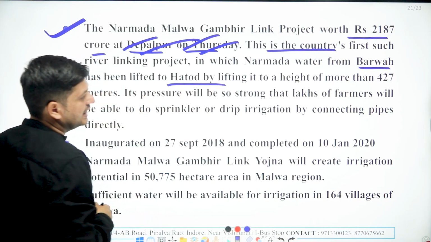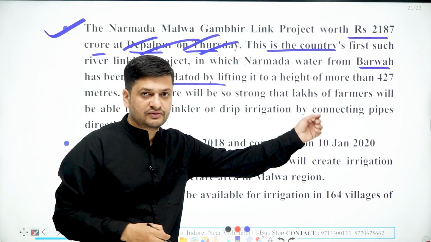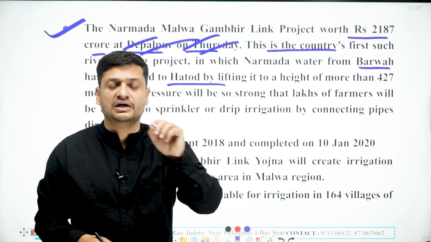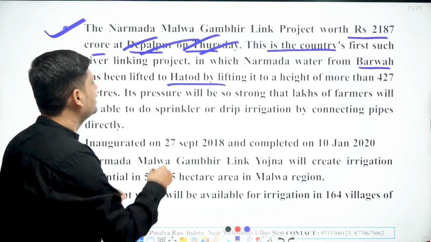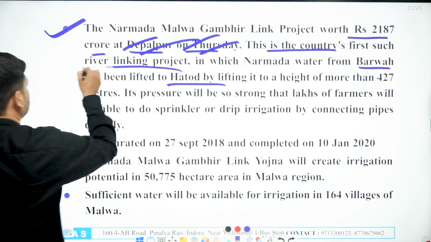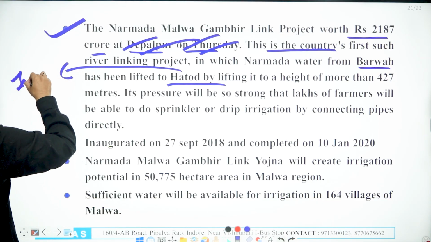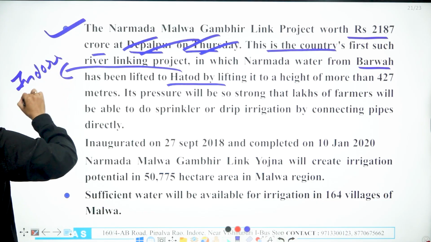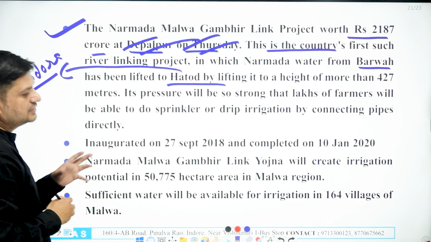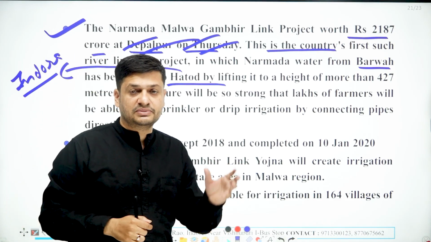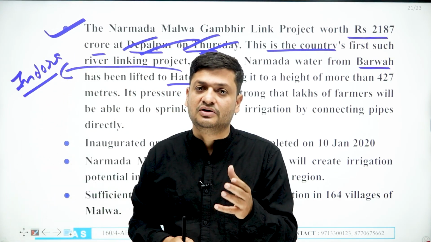Hatod is a Tehsil located in Indore district. There are 3-4 Hatods you can find as village names, but this one has the status of a Tehsil.